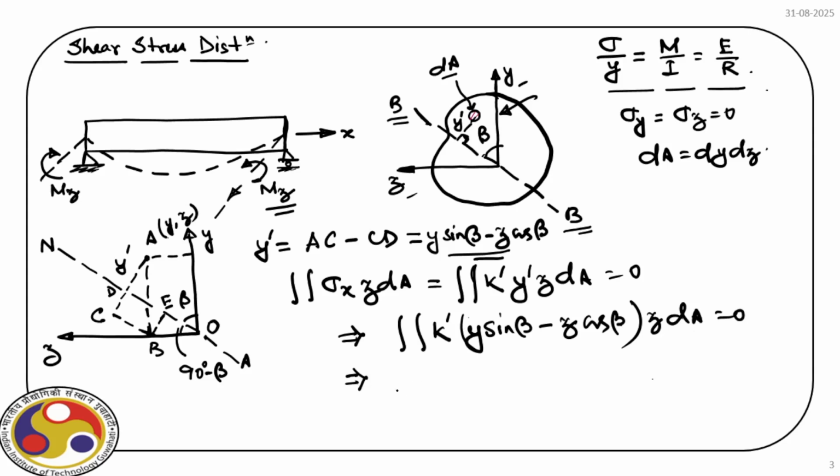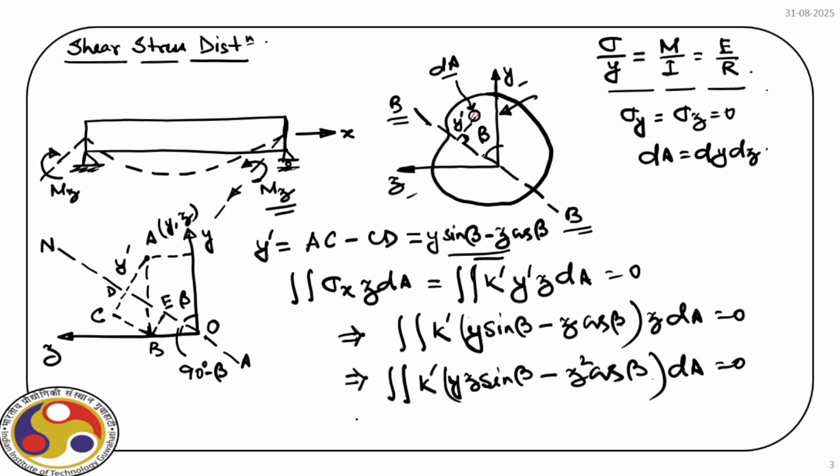Then if we open the bracket, what we have is double integral k prime yz sine of beta minus z square cos of beta times dA, which is equal to 0. So what we get? We get double integral yz dA sine of beta is equal to double integral z square dA cos of beta.